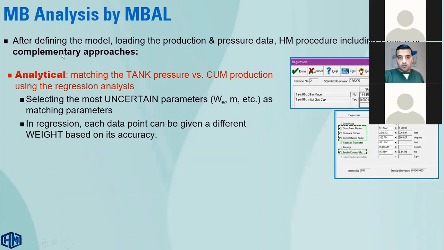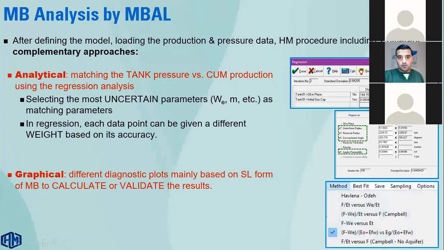In MBAL, after defining the reservoir model and loading the production and pressure data, the most important step is the history matching. The history matching in MBAL typically involves two complementary approaches. The first is the analytical approach. Analytical means matching the tank pressure versus field production using regression analysis.